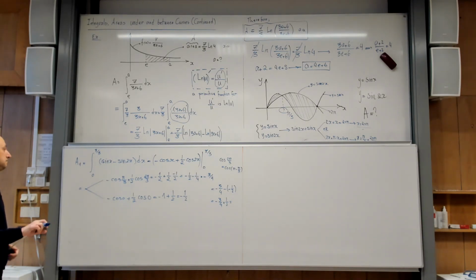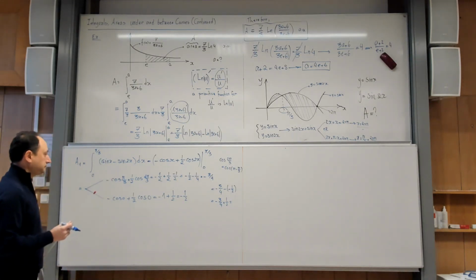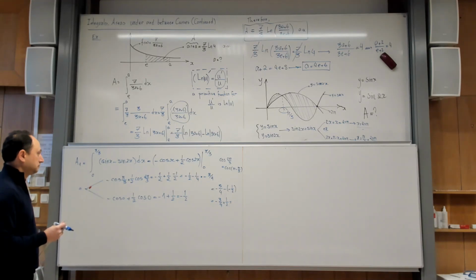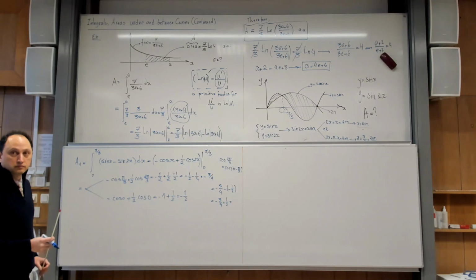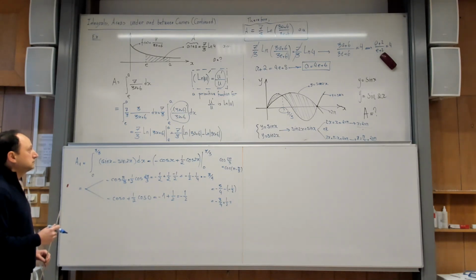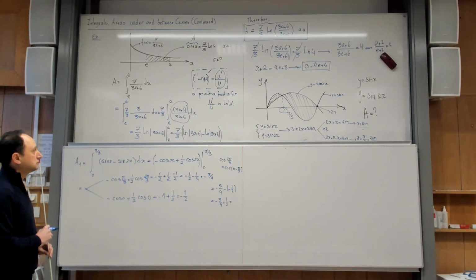Well, back in the graph, the larger or more oval shaped graph, isn't that sine x, not sine 2x? Oh, I made a mistake there, you mean?